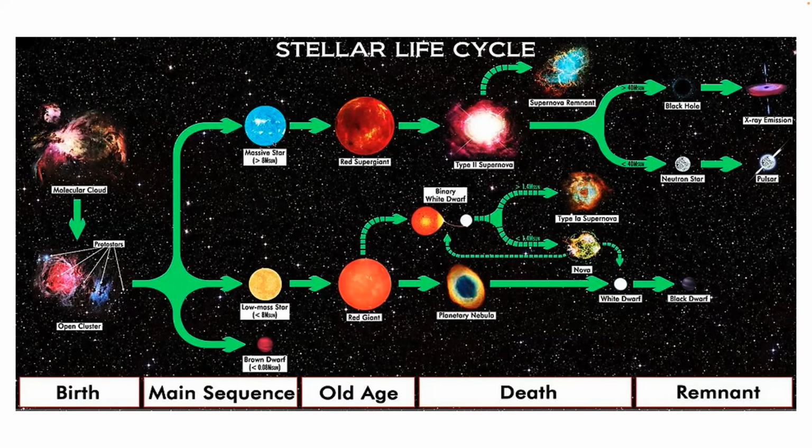Basically, if it's a very massive star, it will become a supergiant star after some time. So massive star means the stars which have a mass greater than 8 times the mass of the sun, right? Then you will have a red supergiant, and after that you may have a type 2 supernova explosion. So you may have heard about the supernovas.